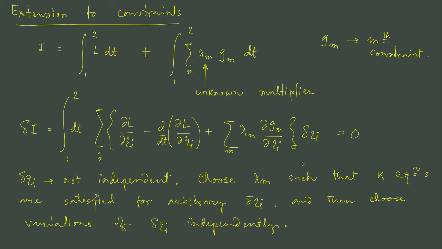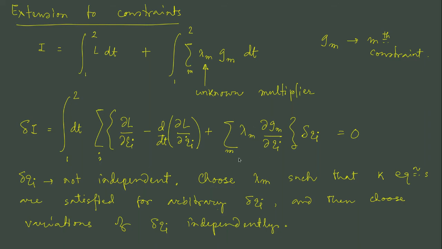So, once we have reduced the coefficients to that number, it is possible to take linear combinations of delta q_i's to find a new set of delta q_i which are independent of each other, which essentially means taking combinations of these equations from this coefficient. Basically, our argument is the same as before.